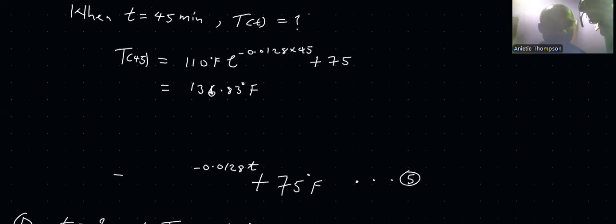So the B part of the question is telling us something else. The B part of the question is saying, when will the Turkey have cooled to 100? So that means what will be the time at which the temperature of the Turkey has relaxed down to 100 degrees Fahrenheit?